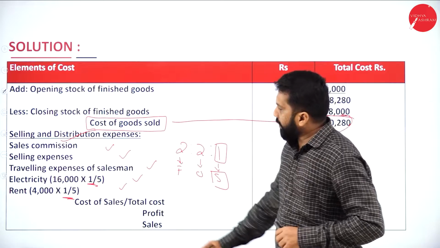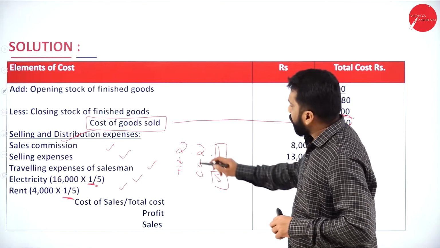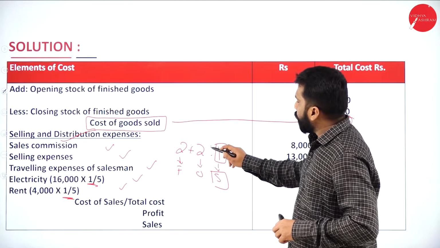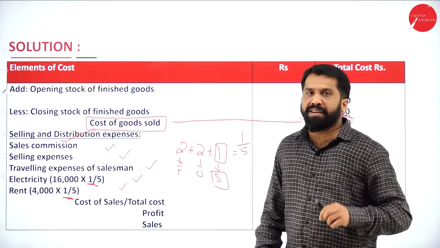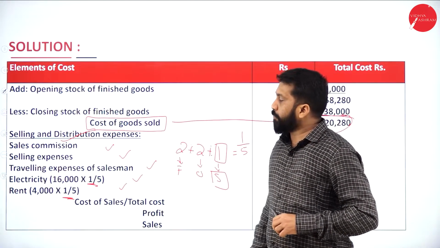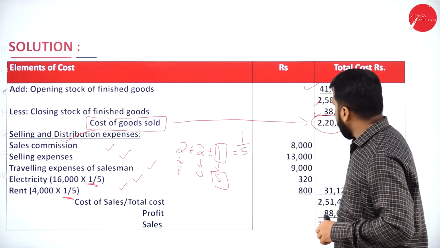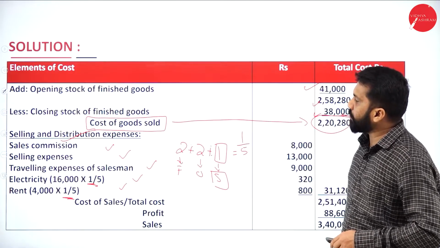That's why we calculated 1 by 5. Why is it 5? 2 plus 2, 4. 4 plus 1 is equal to 5. So, it must be 1 by 5. Your 16,000 into 1 by 5 and 4,000 into 1 by 5.